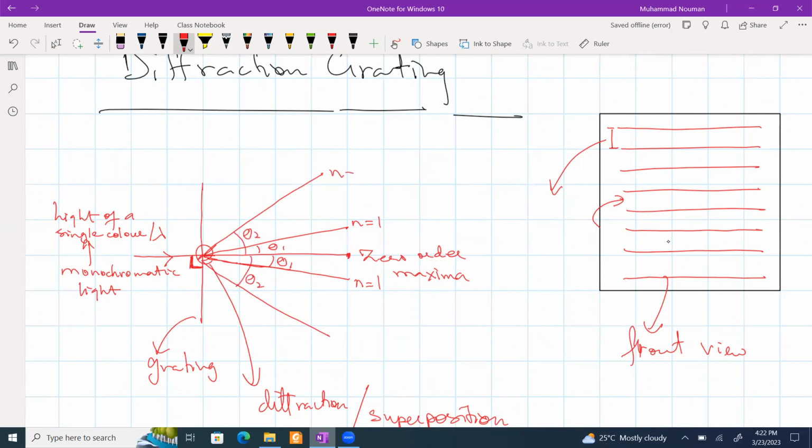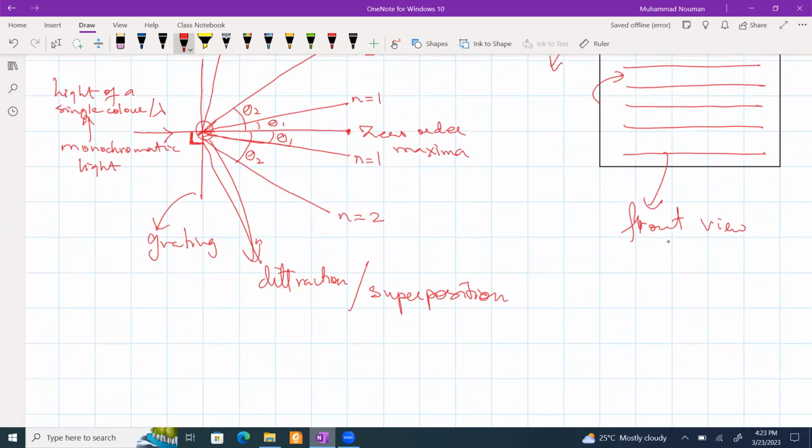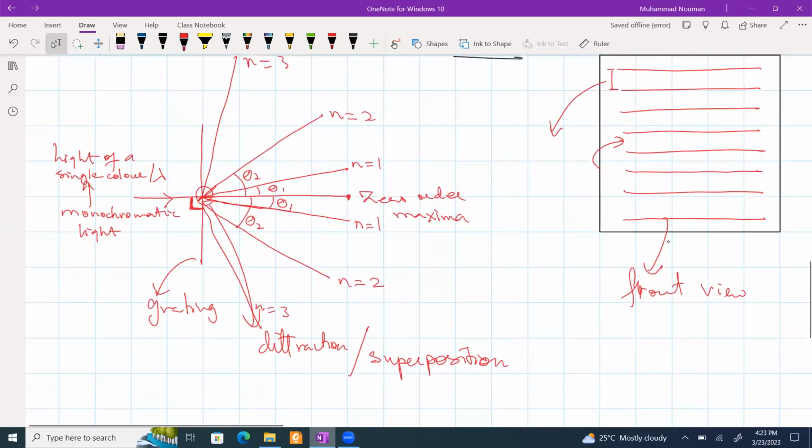This is called second order maxima. In this way, a number of maxima can be obtained. Suppose this is going to be third order maximum, n equals 3, and n equals 3 here as well. Third order maxima, and the angle theta3 is this one and this one.